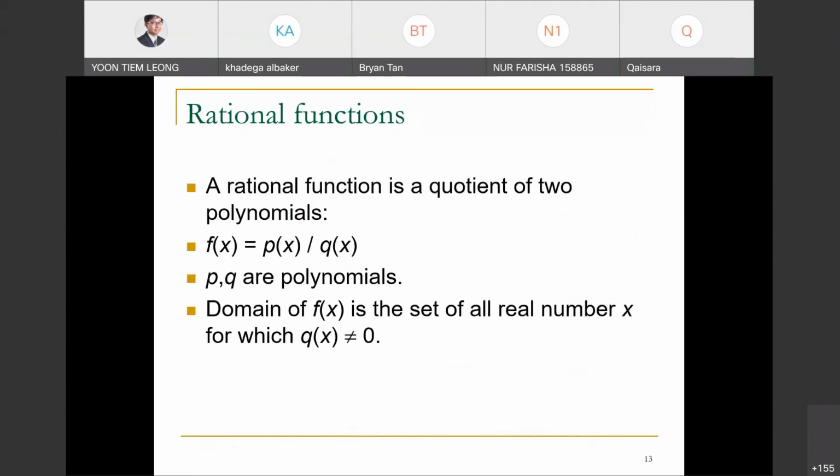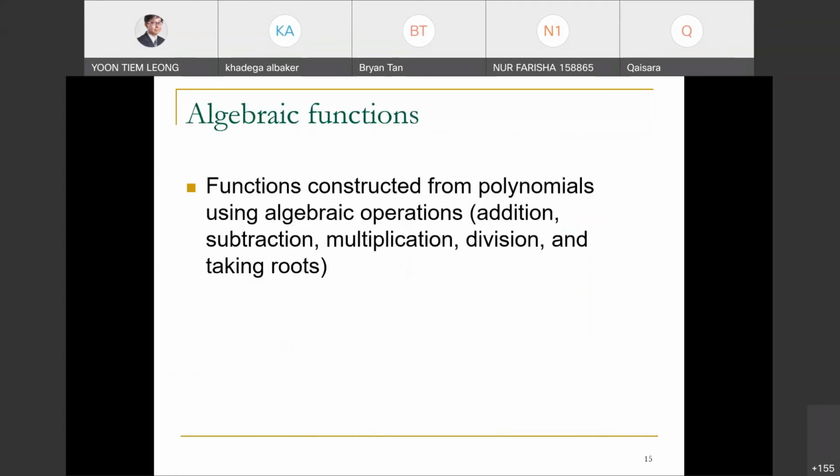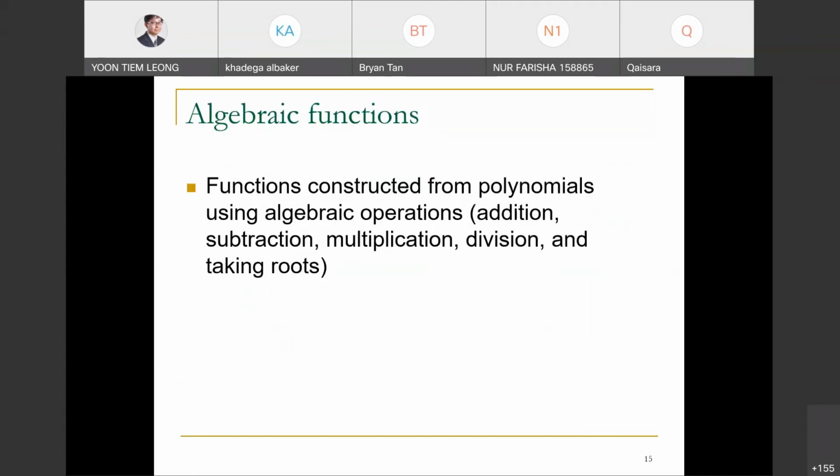The rational function is a generalization of polynomial functions, in the sense that if you set Q(x) equal to 1, then what you get is the polynomial function P(x). So a rational function can be considered as a generalization of a polynomial function, whereas an algebraic function is also a generalization of a polynomial function.